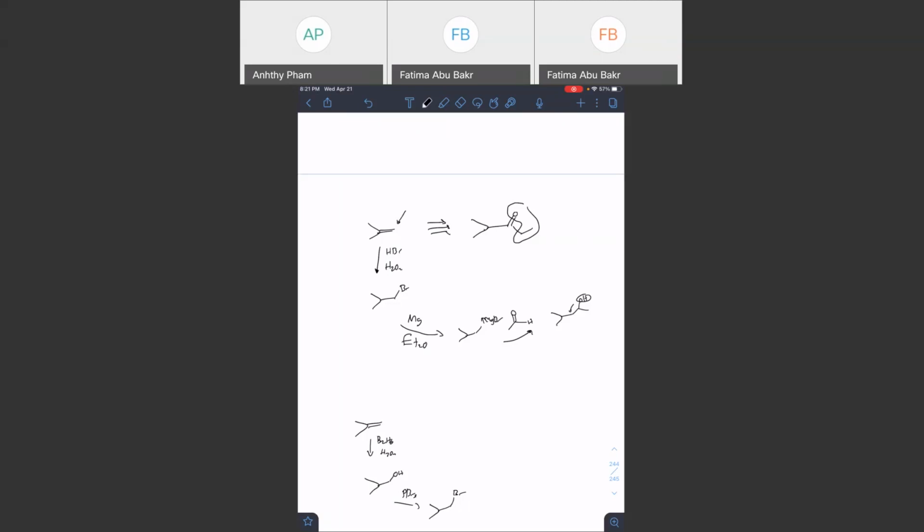Because the way that it is done in the answer key is that the person went ahead and did something like this. They attached something like this.